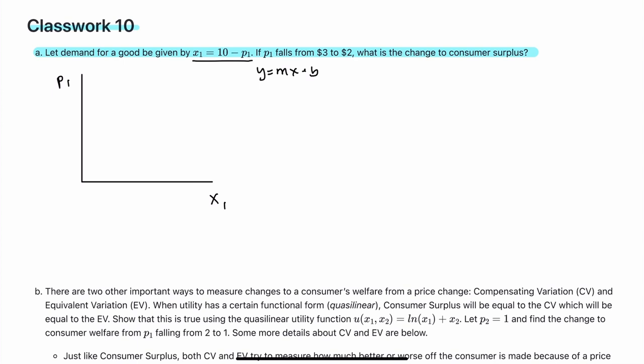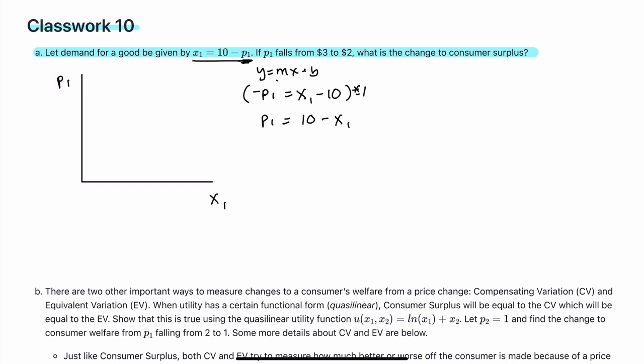Rearranging this so that I have p1 isolated, I could subtract 10 from both sides and get negative p1 = x1 − 10, and then multiply the whole thing by negative 1 to get p1 = 10 − x1.